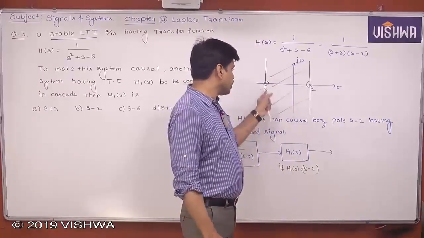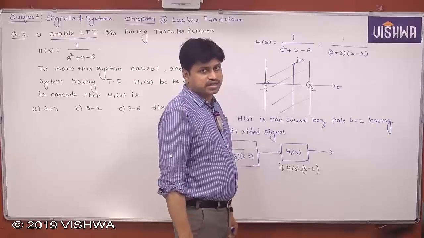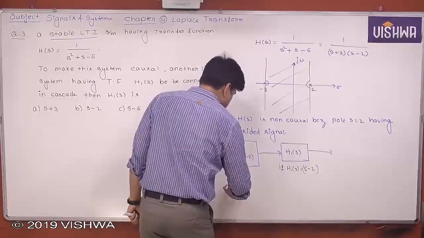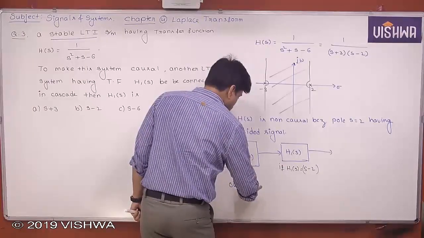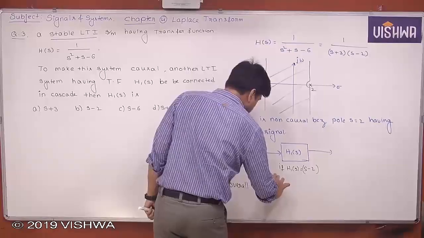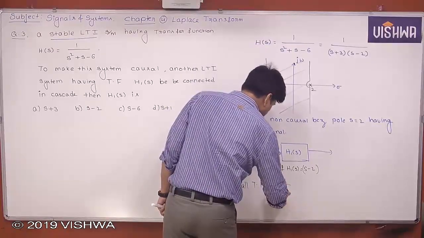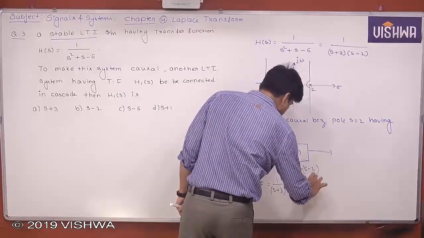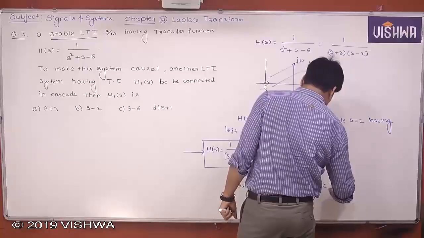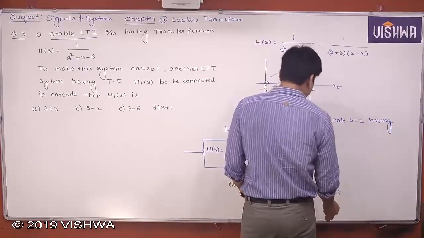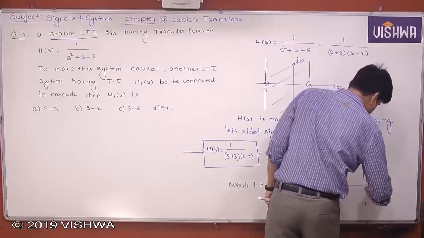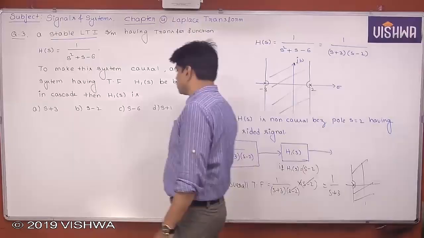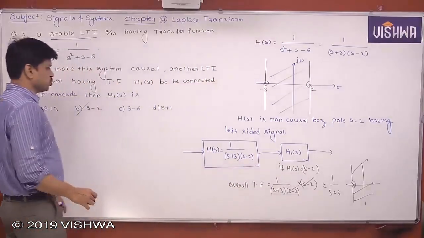Then there is no pole at 2. We have only the minus 3 pole, which is a right side signal, and that is going to be causal. So finally, what is the overall transfer function? That is 1 by S plus 3 into S minus 2 into S minus 2. So S minus 2 gets cancelled. Finally 1 by S plus 3. This definitely has a right sided ROC, so the system becomes causal. So we have to multiply with S minus 2. Take it.